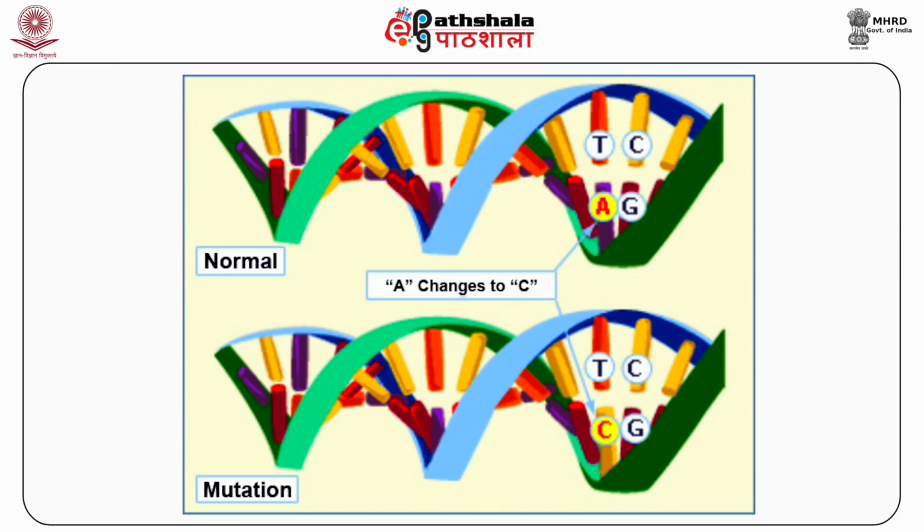Here we can see that in a normal DNA sequence, thymine always pairs with adenine, but when it is wrongly base paired with cytosine, the sequence changes and thus a mutation occurs.